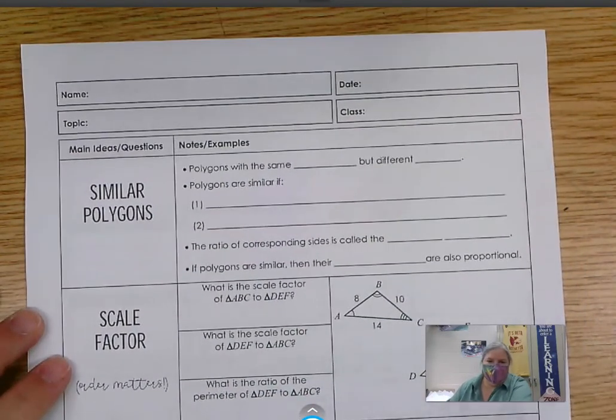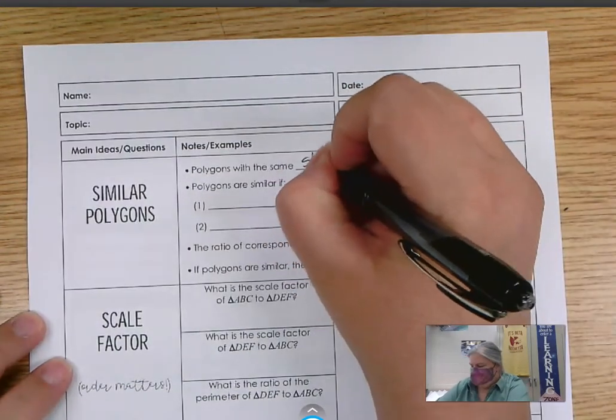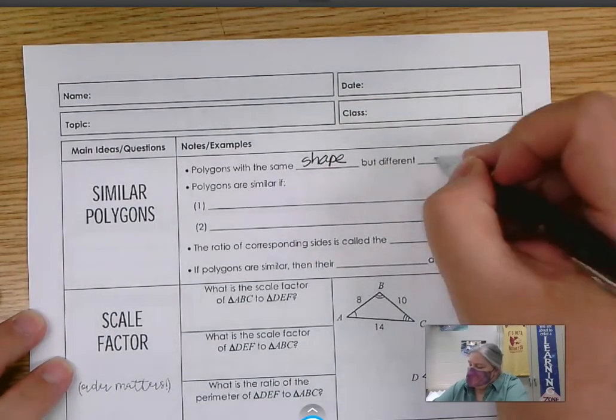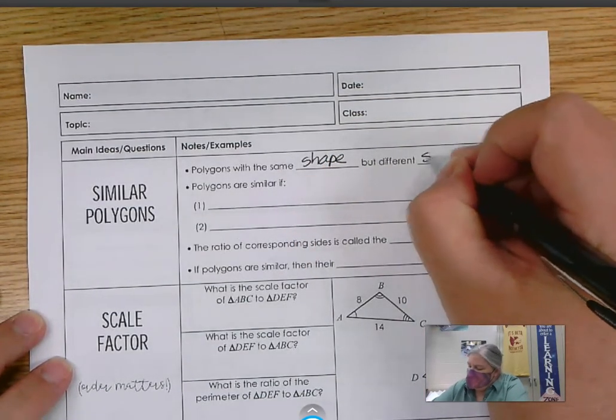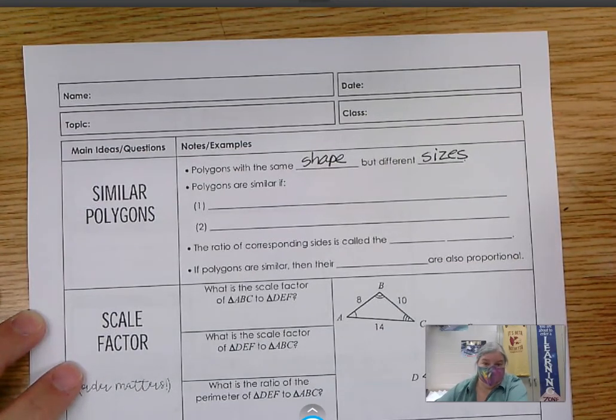Polygons with the same shape but different sizes. It's not necessarily that they have to be different sizes. Basically, they're not necessarily the same size. If things have the same shape and size, that's congruent.